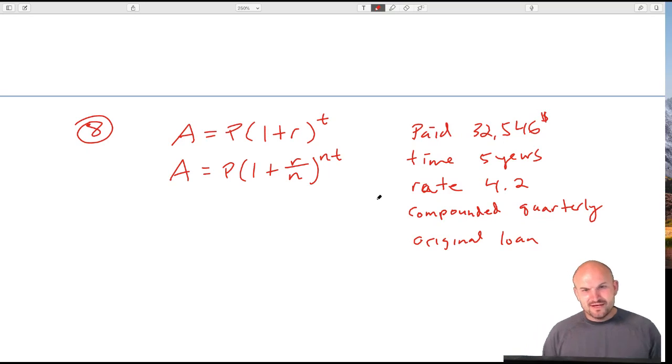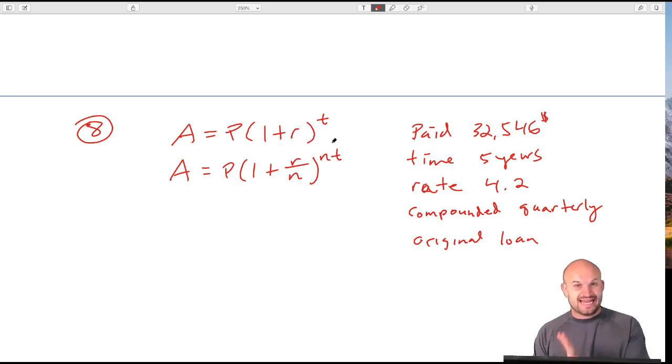So I'm pretty sure, at least based on the knowledge that I have here, this is what we're going to do. So this would be for an annual interest rate or annual compounded periods. But now since it compounded intervals, we're going to need to take into account that it's compounded quarterly. So in this case, we're going to say A, that's how much you paid.